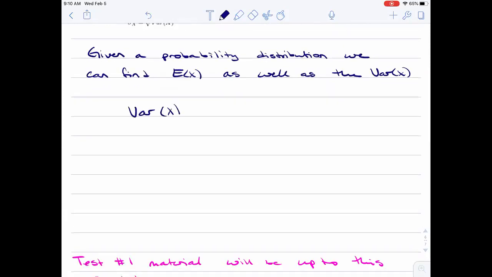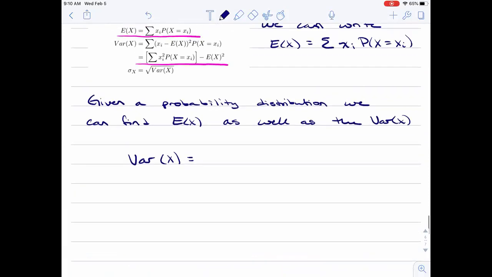So the variance of x, we're going to use the sum of the xi's squared times the P of x equals xi, minus the E of x squared. E of x, that's just the mean, so you just square it. So that last term is fine.